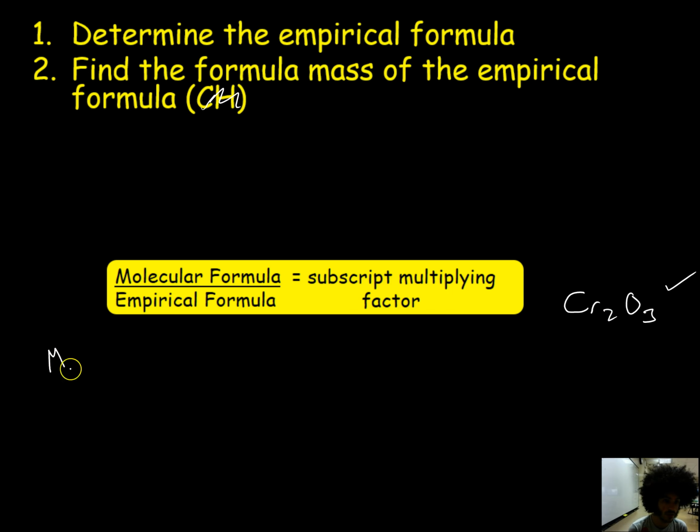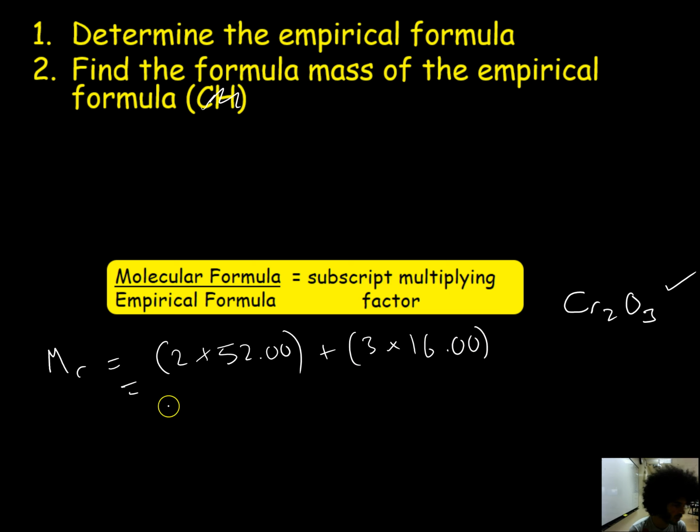So the Mr, if you like, is going to equal 2 lots of 52 plus 3 lots of 16, which equals 152. Okay.